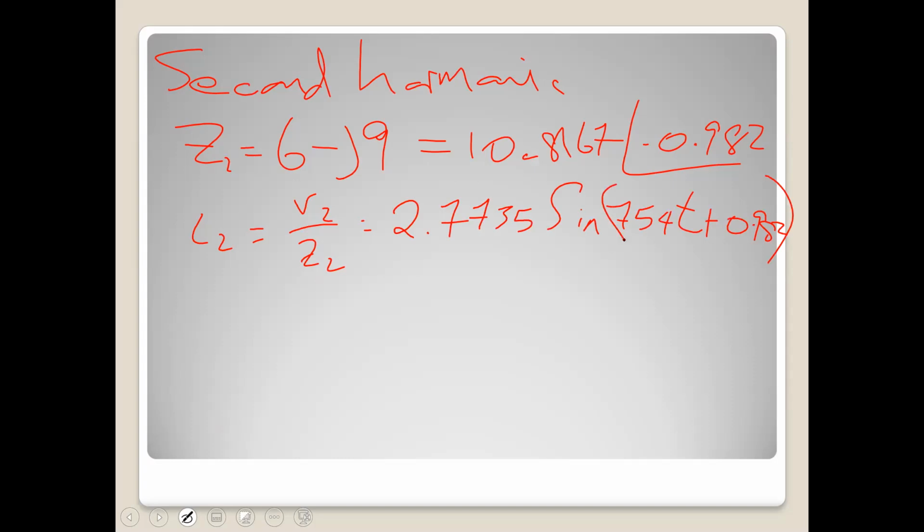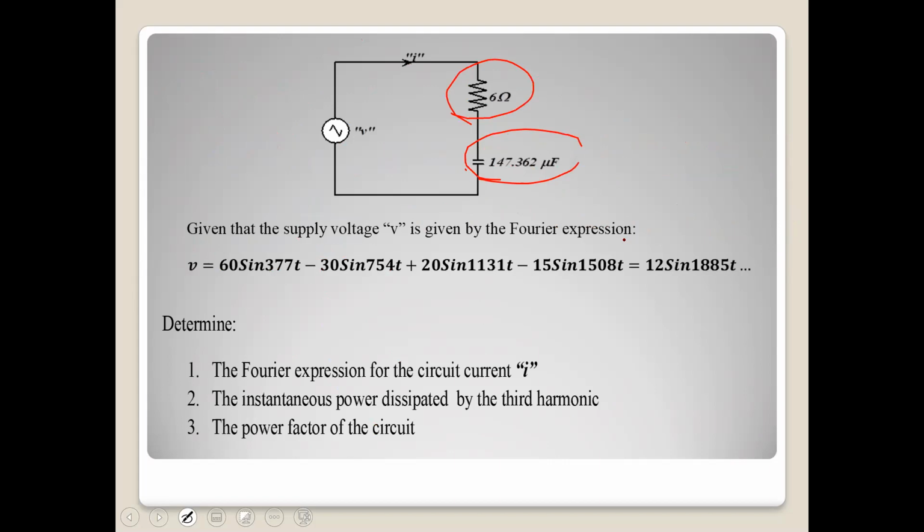Sir, I noticed something and I wanted clarification. If the angle that we got was positive, would the current at the second harmonic then be 754t minus something in the brackets? Remember, look at V. What's the phase angle here?